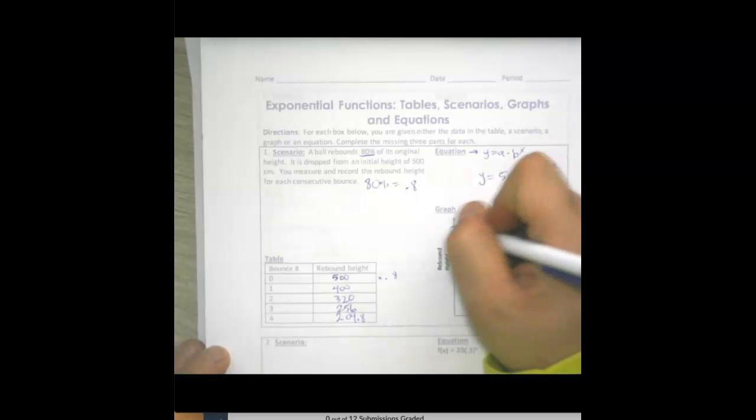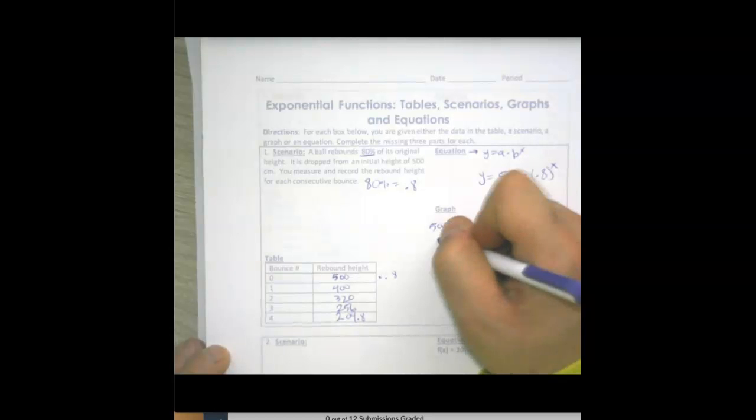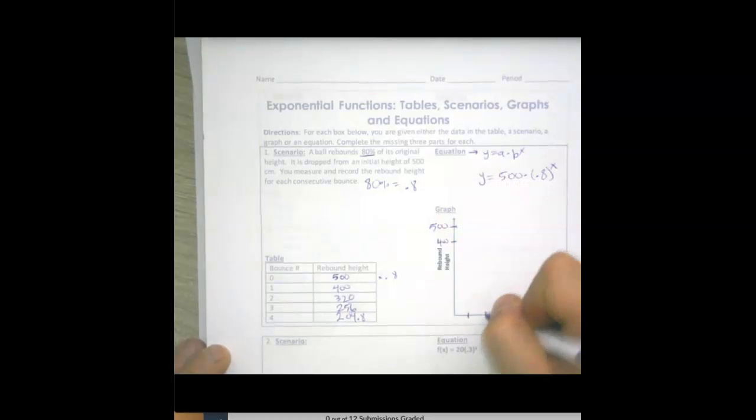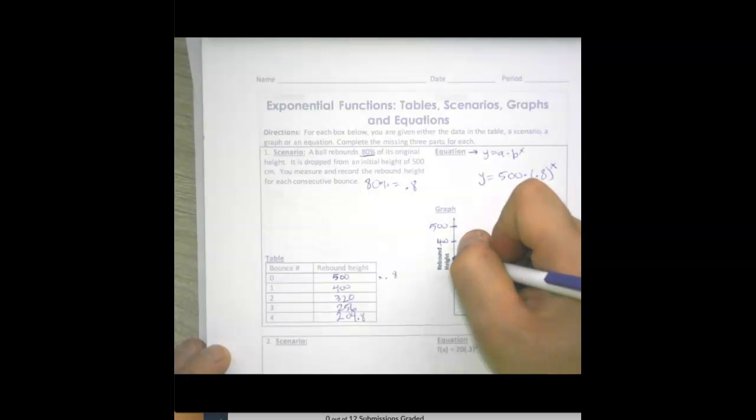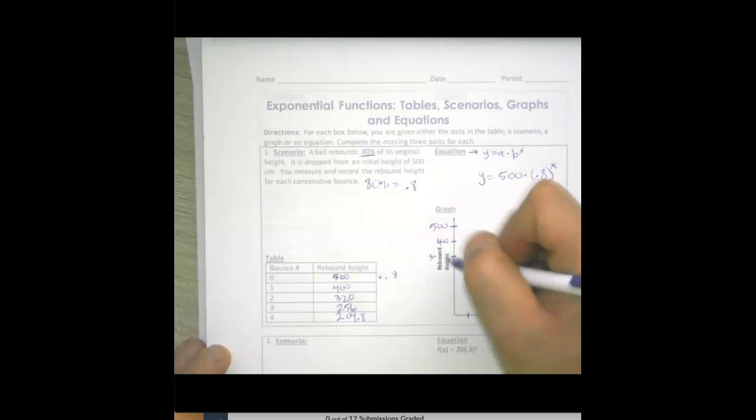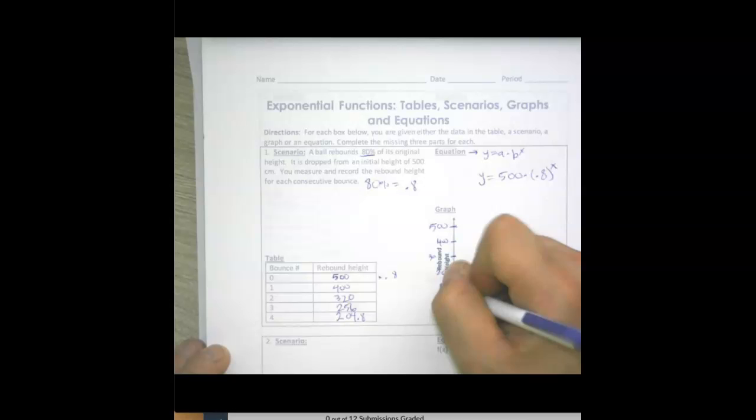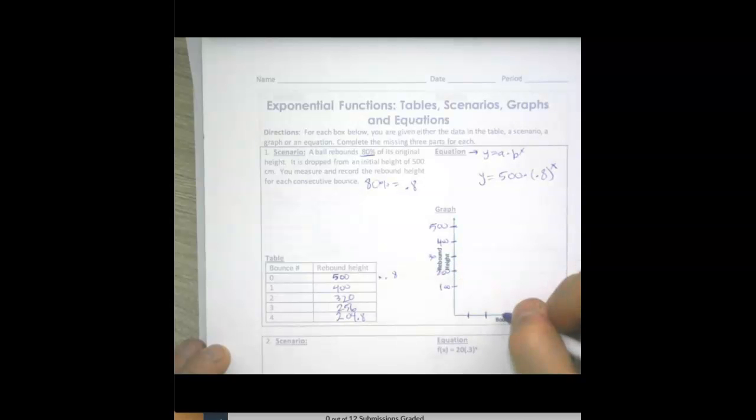And then the graph. The graph starts out at 500 centimeters, and at one bounce it's at 400, the second bounce it's at 320, so not exactly 300. We have 200, 100, so first bounce, second bounce, third bounce, fourth bounce.